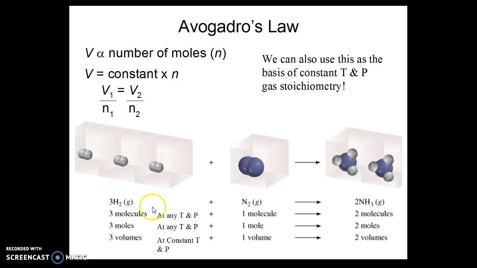Now that happens at any temperature and pressure of these molecules. But if we have constant temperature and pressure, we now know that the mole ratio and the volume ratio must be the same. So 3 volumes of hydrogen will react with 1 volume of nitrogen to form 2 volumes of ammonia gas.